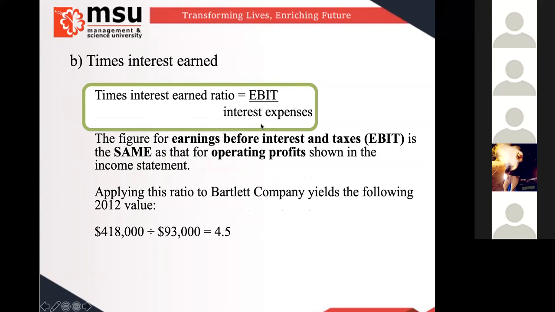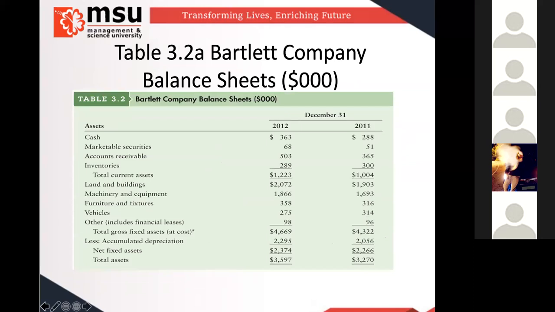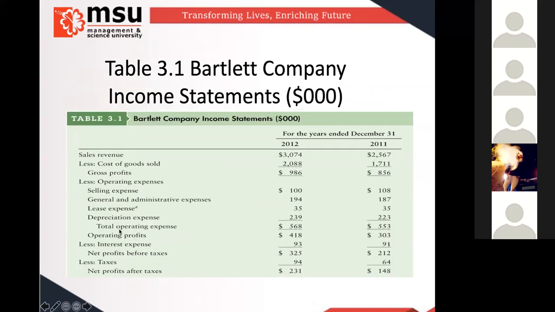These two elements you can find in the income statement. Earnings before interest and tax is here, the operating profit. This is interest expense, and here is tax.